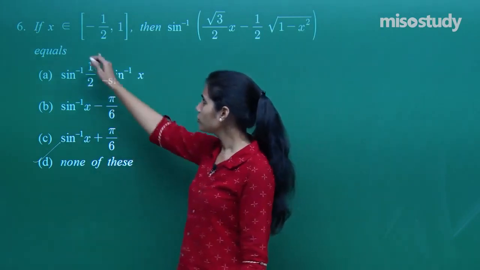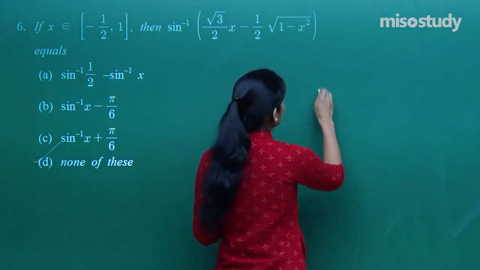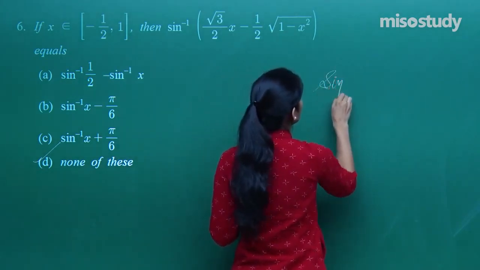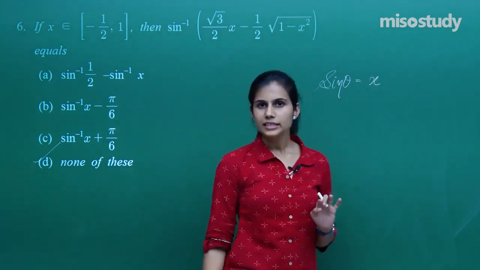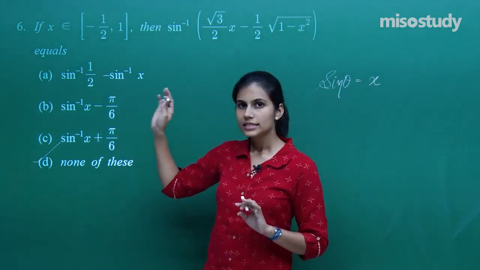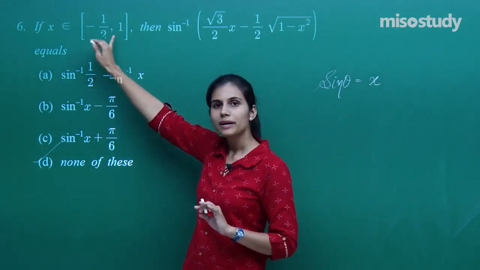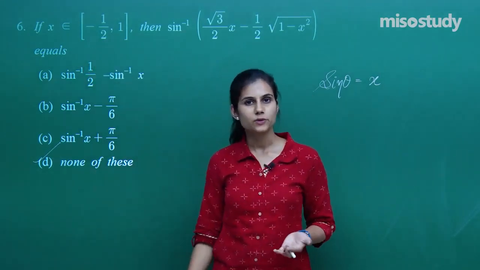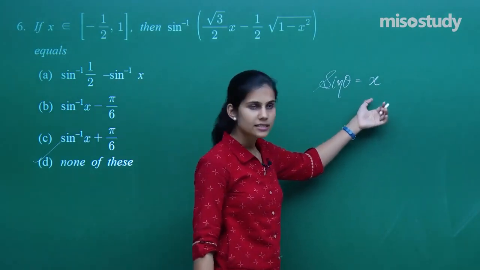So over here what I am going to do is, x is anything lying between minus 1 by 2 to 1, it is very valid to assume that x is sine theta, right? Because sine theta lies between minus 1 to 1, so obviously minus 1 by 2 comma 1 is contained in the minus 1 to 1 closed interval. I can very easily assume that sine theta is x.